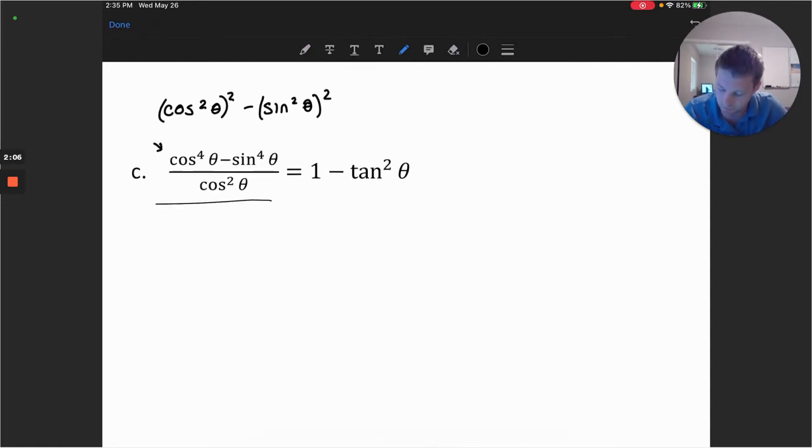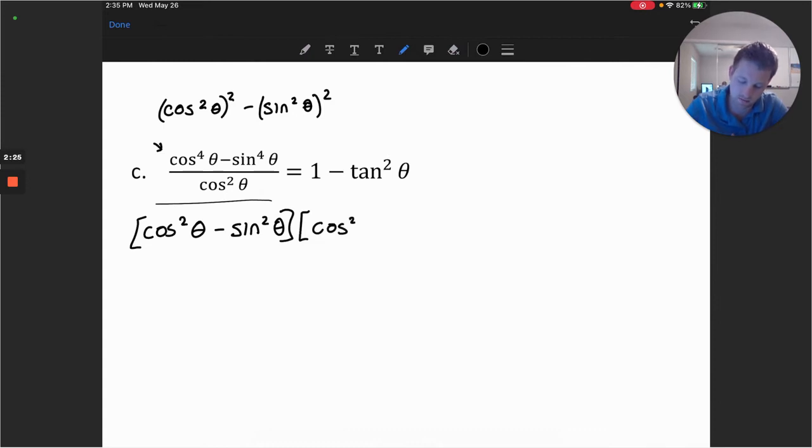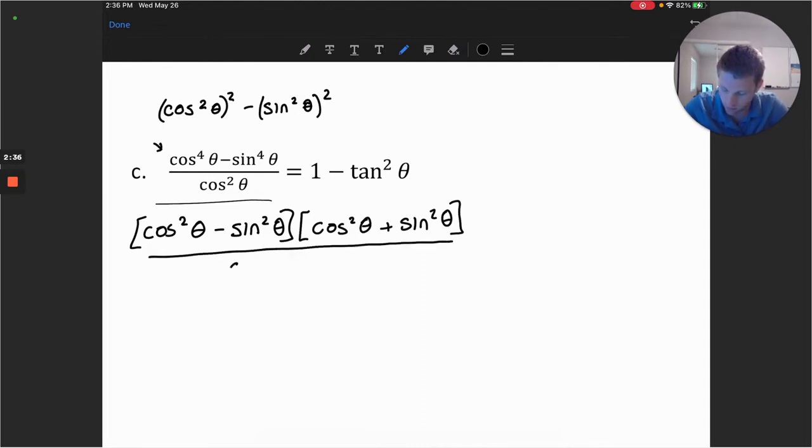The difference of squares will become cosine squared theta minus sine squared theta, and we'll multiply this with cosine squared theta plus sine squared theta. That'll be my difference of squares factored out in the numerator, and this will all be over cosine squared theta.